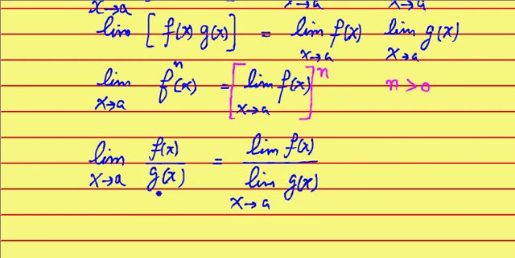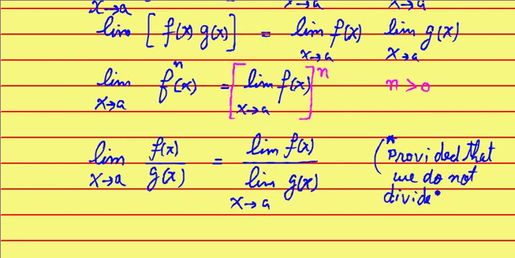So you have to assume that g does not approach 0 as x approaches a. So here let's write, there's a fine print next to this, provided that we do not divide by 0 at any stage here. That's a kind of fine print that is next to any kind of division you might have. So that is there all the time.